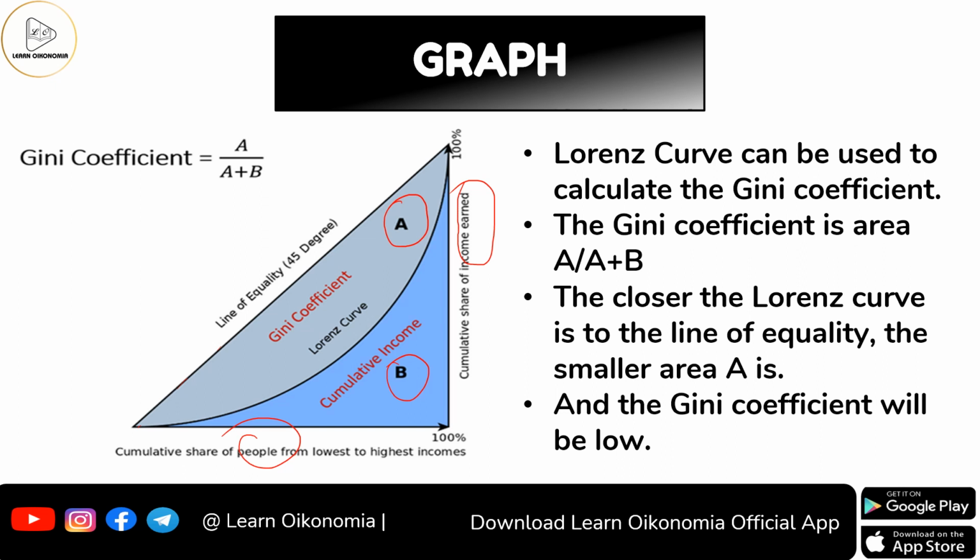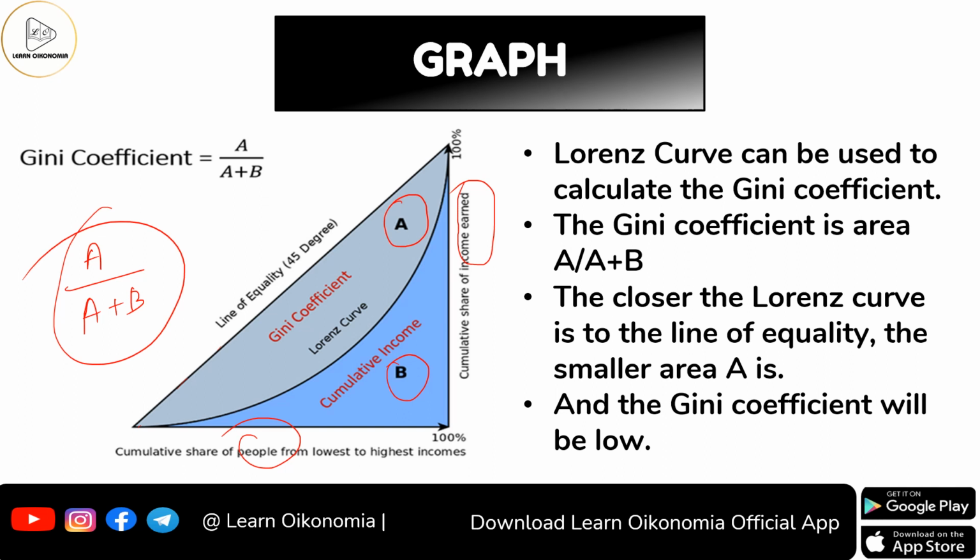To calculate Gini coefficient, you have to consider A part and B part. So A part divided by A plus B will show you the Gini coefficient.